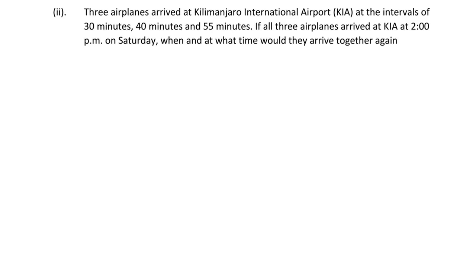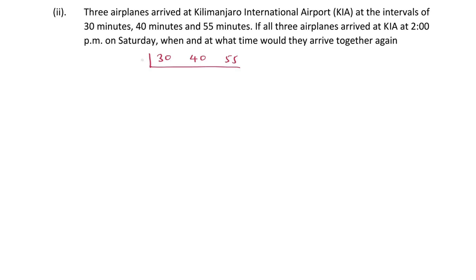Okay, so now let us find the LCM for the minutes given. Okay, so we are going to prepare a small table with the given numbers. So here we are having 30, and here is 40, and here is 55. And then we are going to ask ourselves what is the lowest number which can divide either of these three numbers.